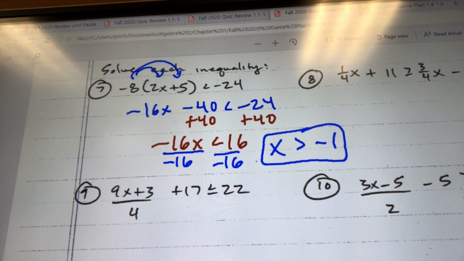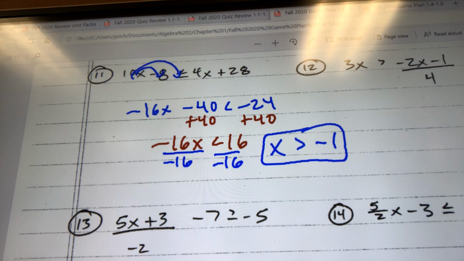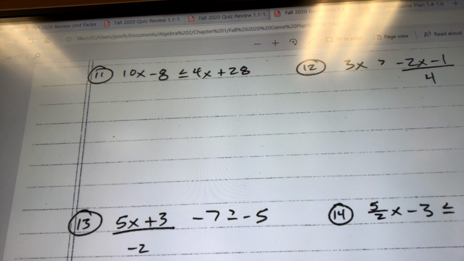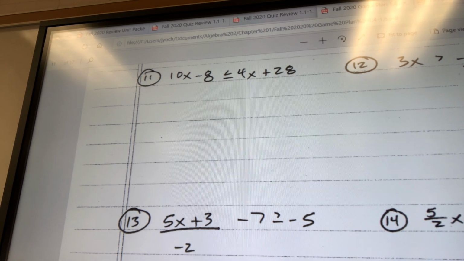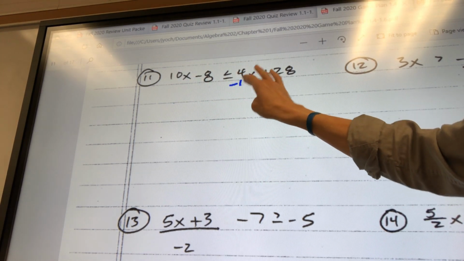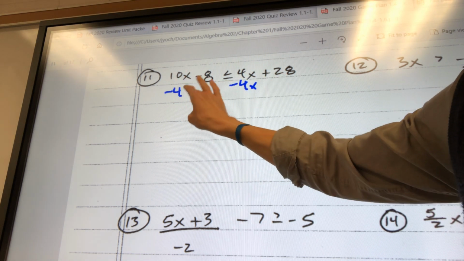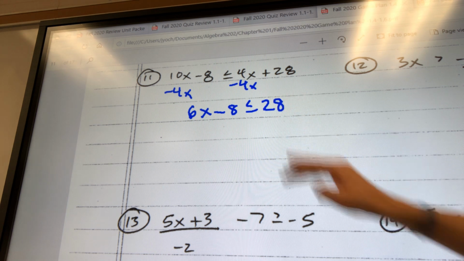And to conclude, we're going to do 11. 11 here to finish this up. Especially when we're solving, doesn't matter if it's an equation or an inequality, I'm always going to move everything over to the side with the bigger x. 10 is bigger than 4. Subtract 4x from both sides. 6x minus 8 less than or equal to 28.